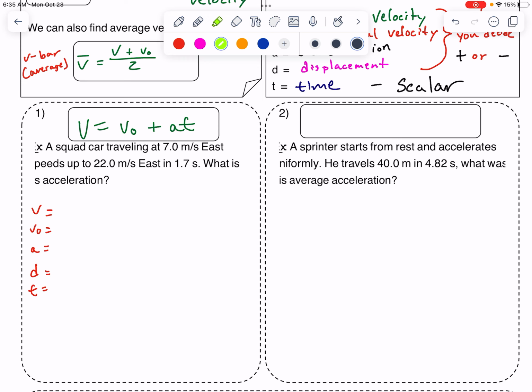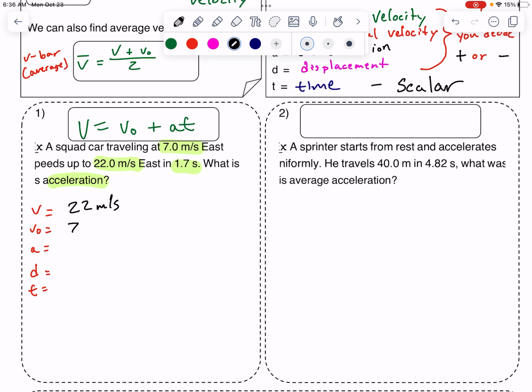So we have a car that's traveling 7 meters per second, and it speeds up to 22 in 1.7 seconds. What's the acceleration? Okay, so we're just doing some inputting here. So first things first, we're given the final velocity, which is 22. Right? I know that because that's how fast it's going at the end of the story.